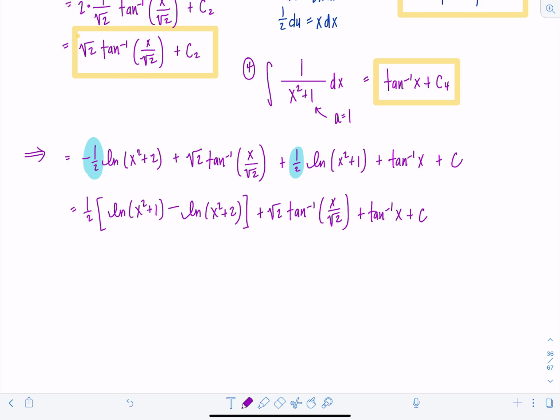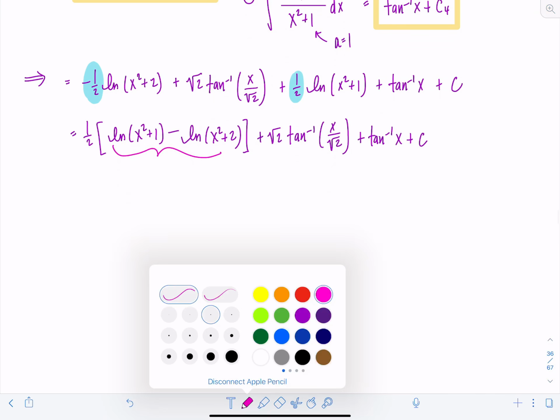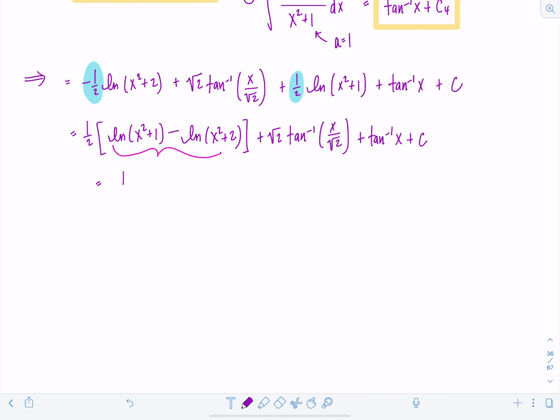And we're almost there. I just want to combine these two logarithms, right? Combine their arguments using division. Express it as a single logarithm now, so I have 1/2 natural log x squared plus 1 over x squared plus 2 plus rad 2 tan inverse x over rad 2 plus tan inverse of x plus c.